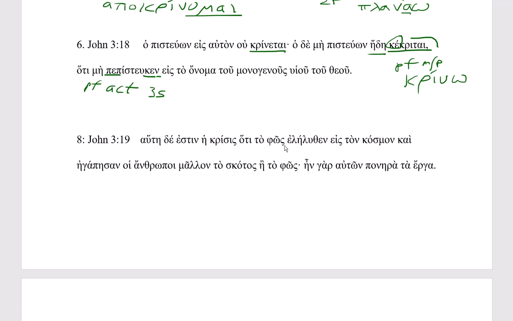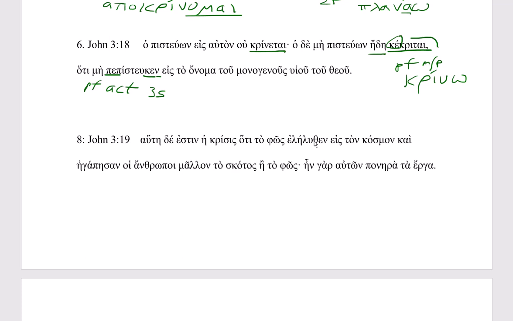Then we have to phos, the light. To phos is a neuter singular, and it could be either nominative or accusative. We'll have to figure out what it is when we read the rest of it. So here it's probably nominative, but we'll check that in a second. And this is followed by eleluthen. Here's a perfect.